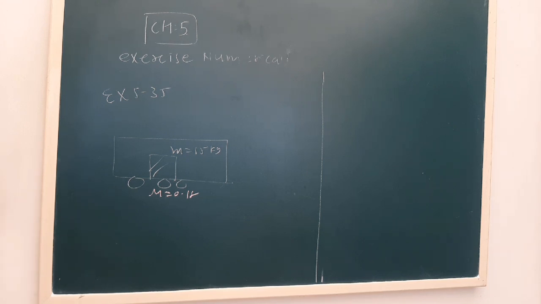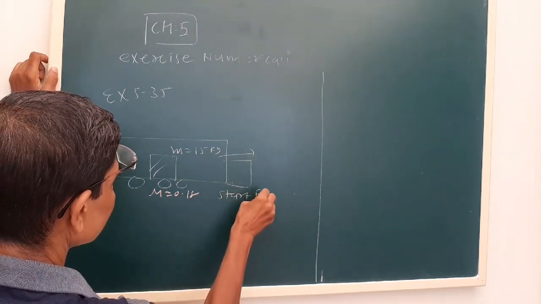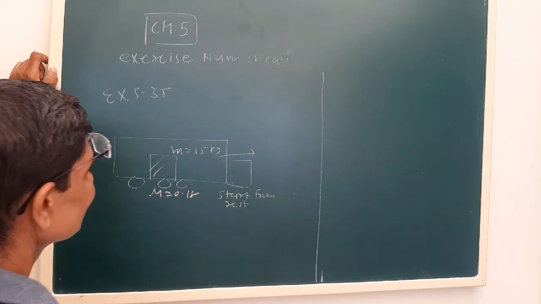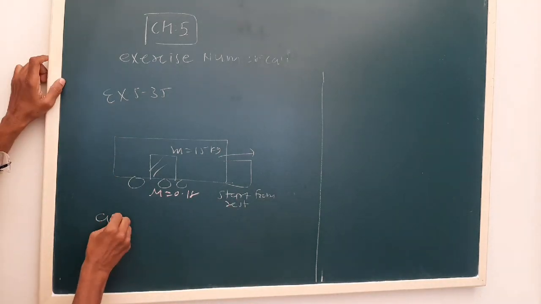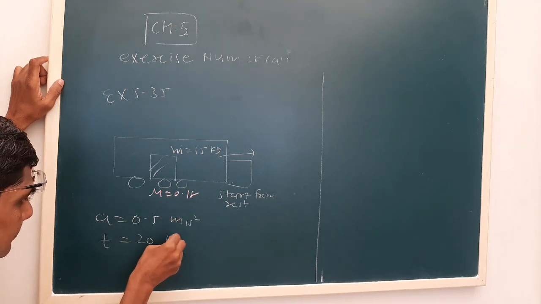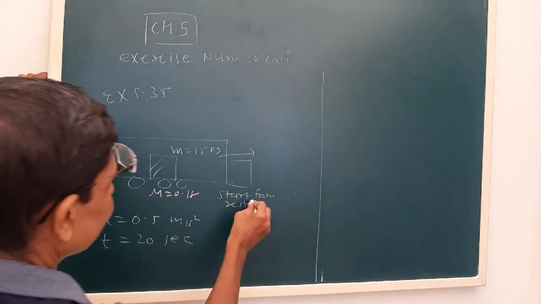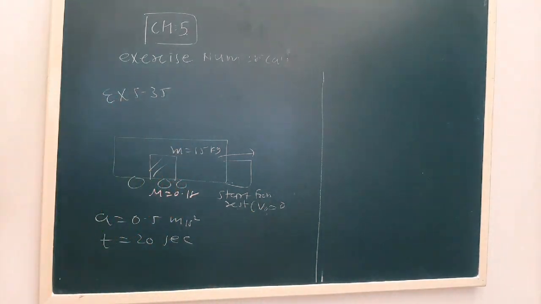The trolley initially starts from rest, with v equal to 0, and moves with a constant acceleration of 0.5 meter per second square for 20 seconds. What do we have to find out?